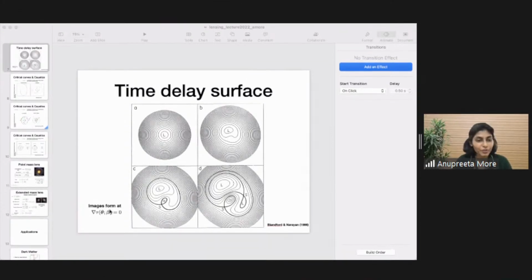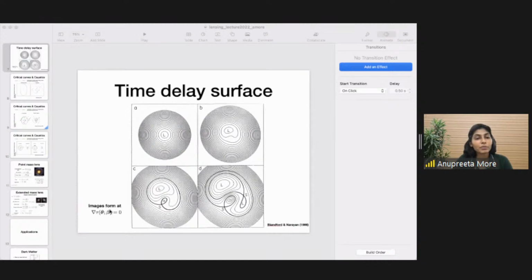It's not as beautiful, but nevertheless, it is a very interesting set of observations and allows us to model the mass distributions on much larger scales than we can achieve with strong lensing. So you'll get to hear more about that, I believe.